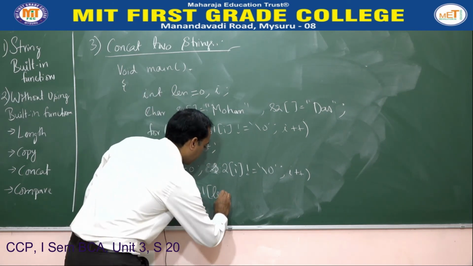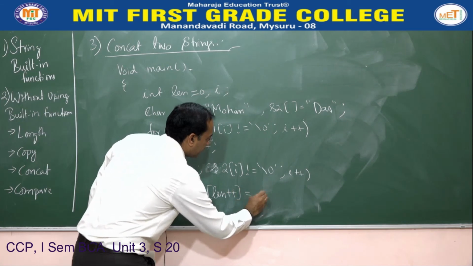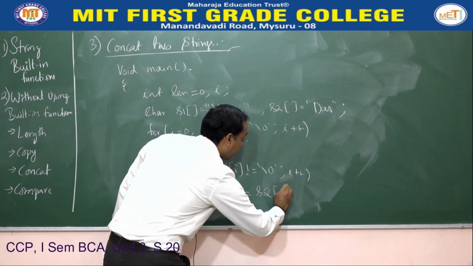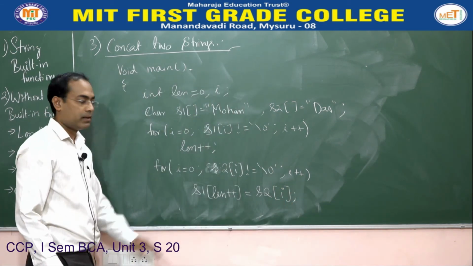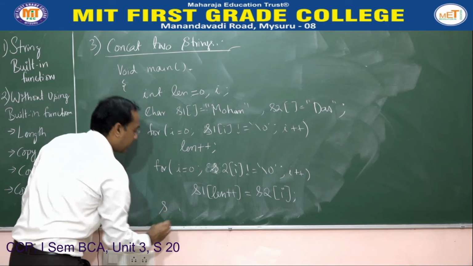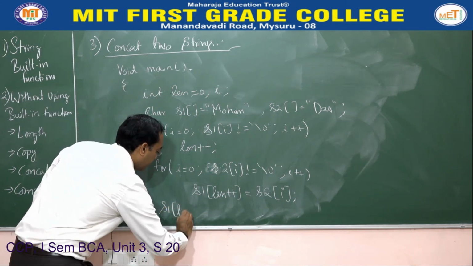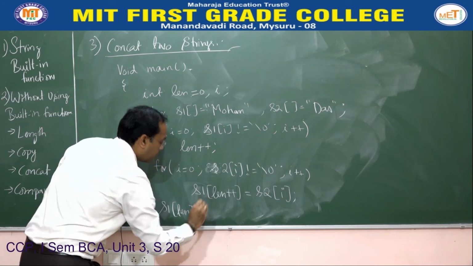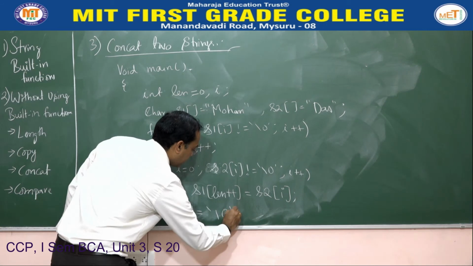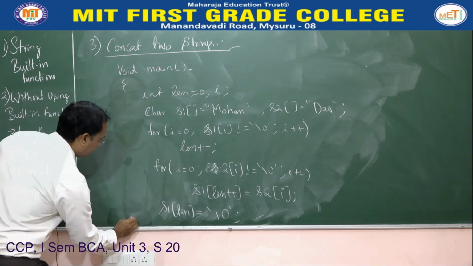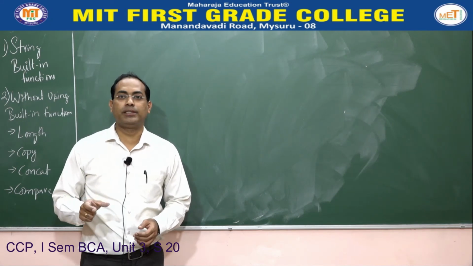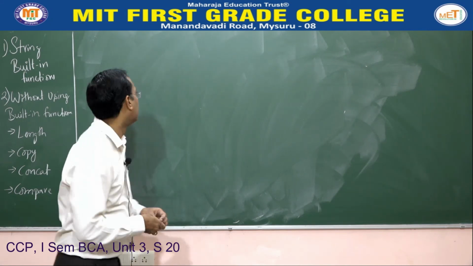Length, from that current position, is equal to S2 of i. So after you have copied, you have to assign S1 of length is equal to a \0. That's it.